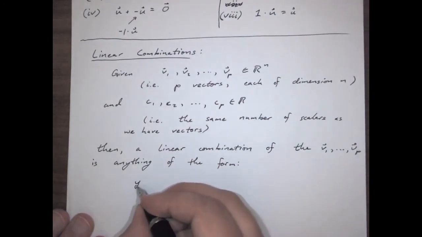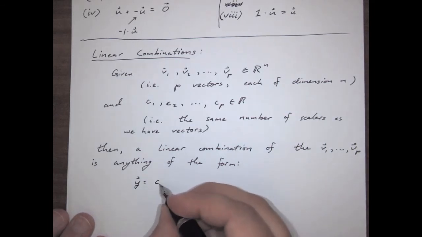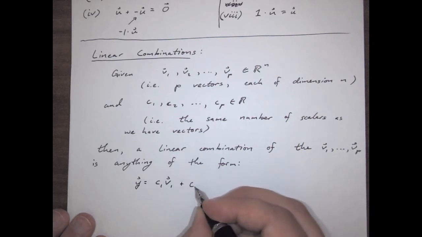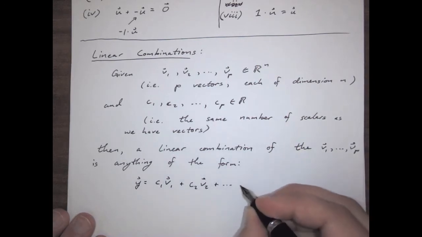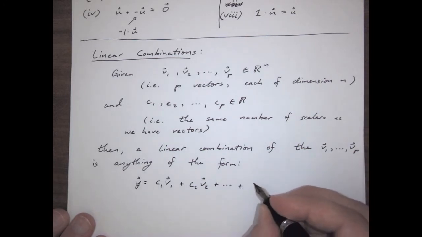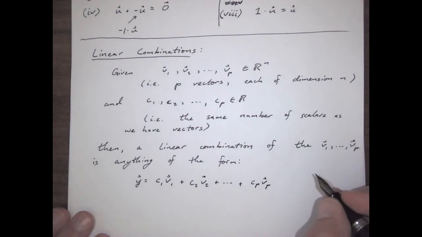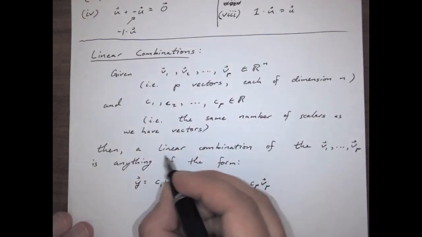and we can call it y, is equal to, and now here's the form, c1 v1 plus c2 v2 dot dot dot up to cp vp. So in other words, we take scalar multiples of each of our vectors and we add the results together, and what we get is what's called a linear combination.